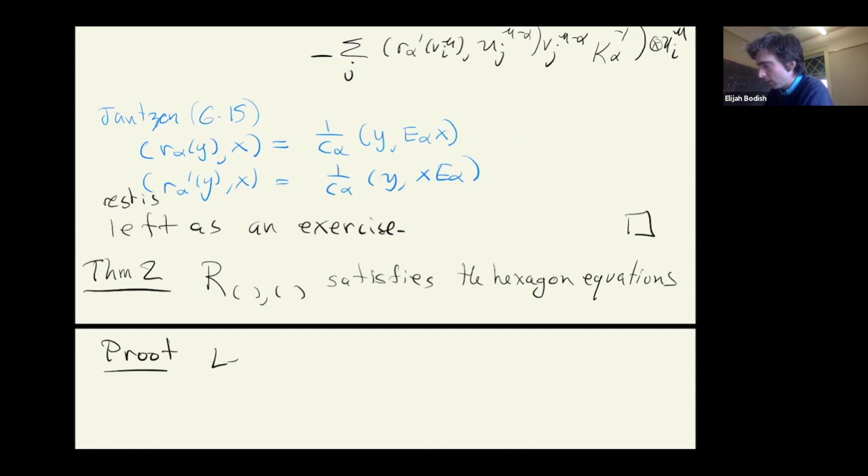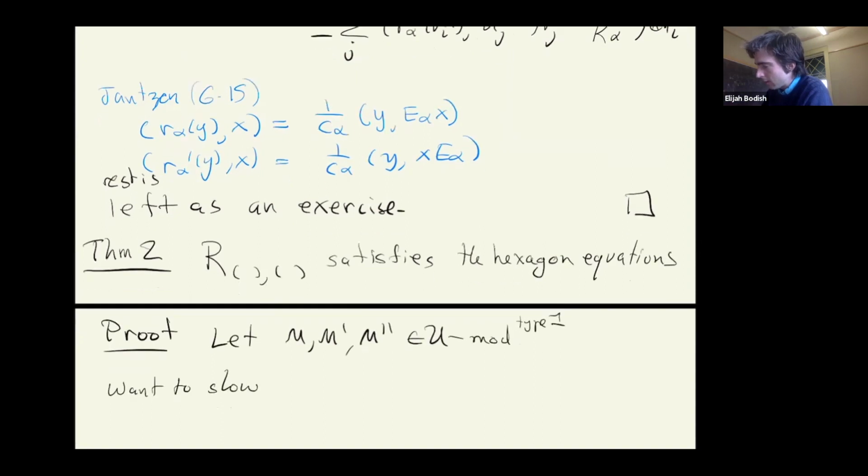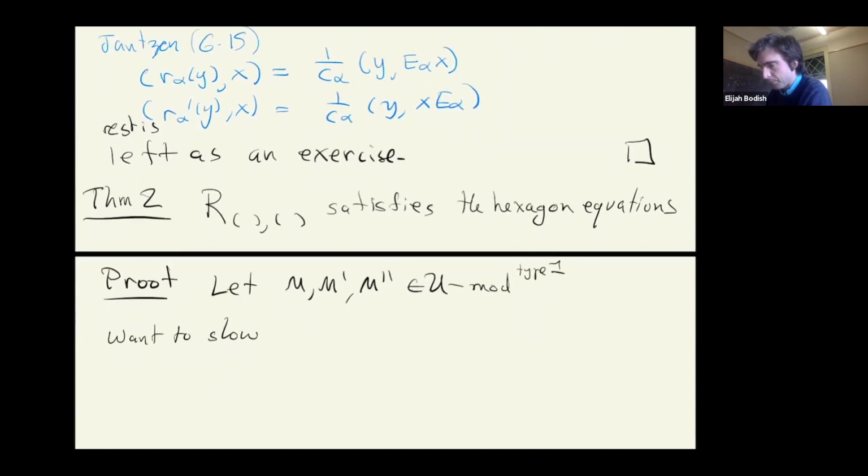So let M prime, M double prime be some finite dimensional type 1 U modules. And we want to show that this diagram from last time commutes.